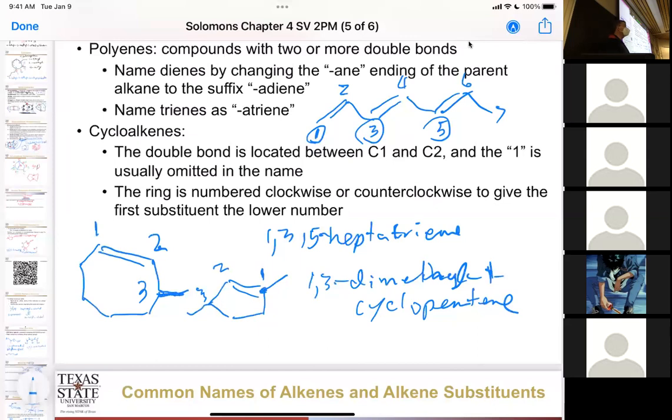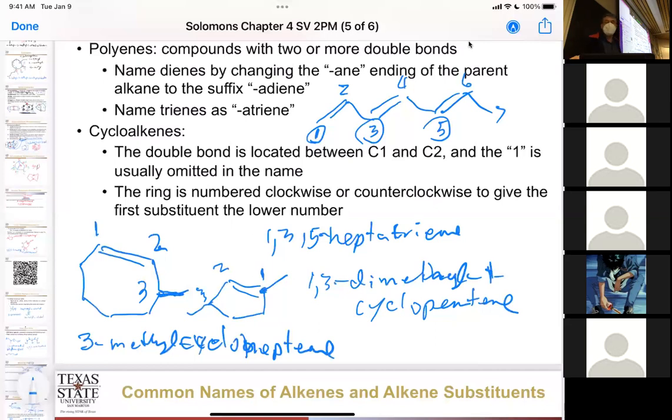So that is going to be 3-methylcycloheptene. Nope, no dash there. 3-methylcycloheptene. All right, questions on naming rings?